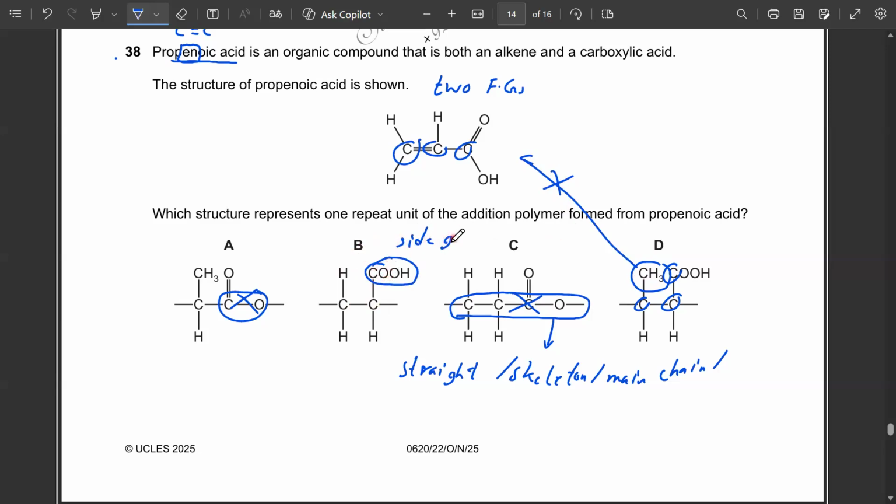If it is not part of the main chain, it is considered a side group, side chain, or substituent. So COOH is basically the substituent. We have the remaining 2 carbon atoms, and the double bond is converted into a single bond, which helps connect the monomers with each other. For this reason, B is the correct option.